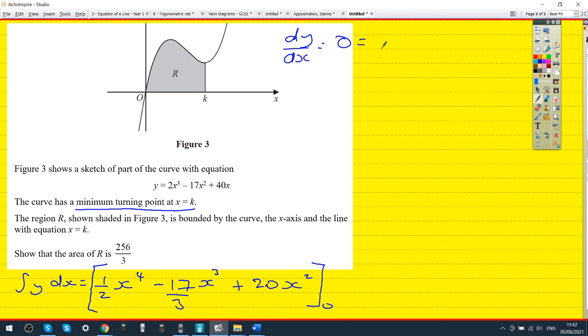Do it. So you differentiate y equals, so it'd be 6x squared minus 34x plus 40.